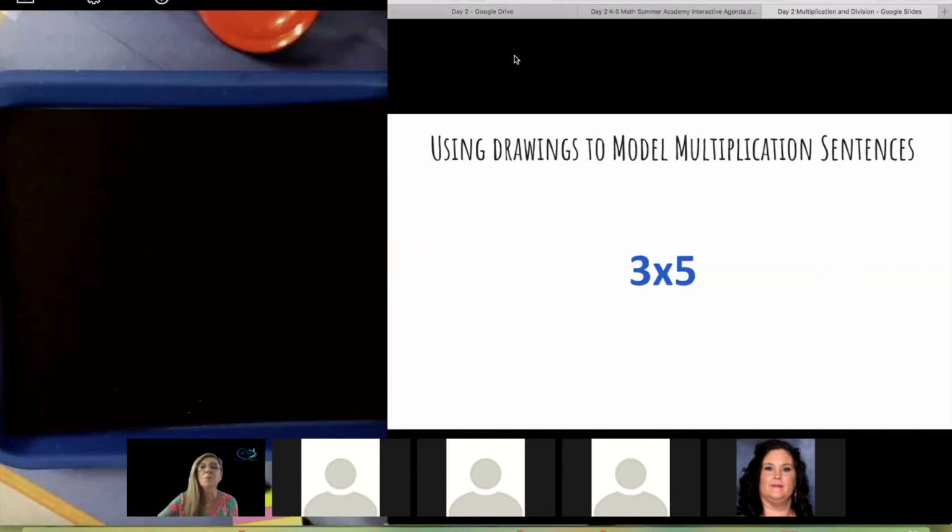What I'd like you to do is go back to annotating, get it to drop down for me. If you go back to annotate, there's a section there, a choice where you can draw. And I'd like for us to try to draw the best we can our groupings of what we just did. How would you draw a grouping of 3 groups of 5?